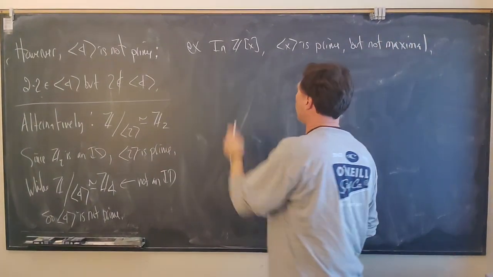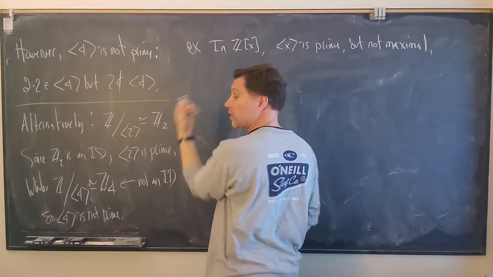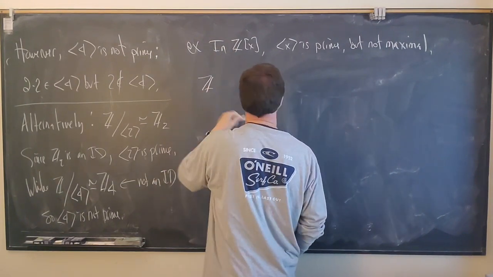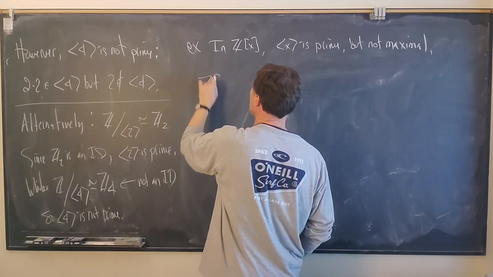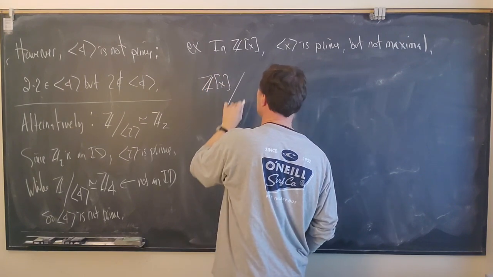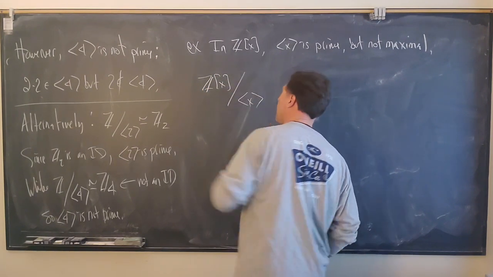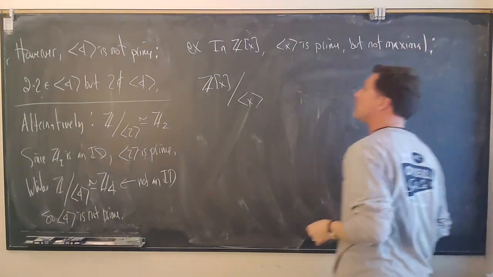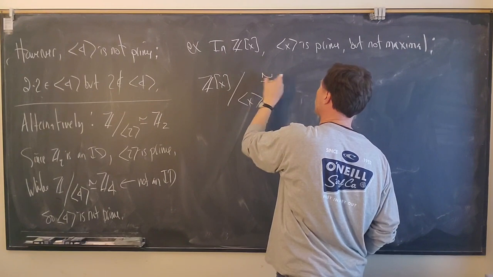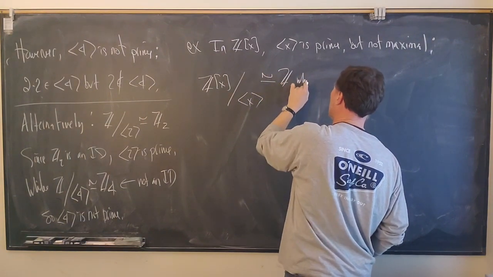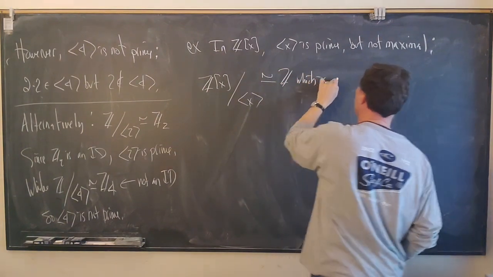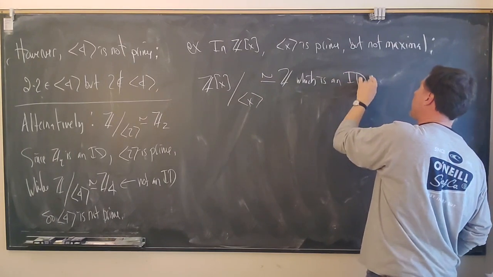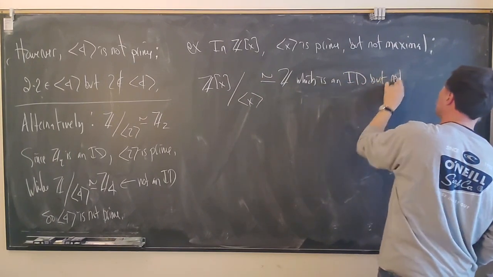And the reason, let's just take the quotient approach. You could also verify it directly, but it's easier in this case just to say, hey, we already showed that this quotient right here, Z[x] mod the ideal generated by x, is isomorphic to Z, which is an integral domain, but not a field.